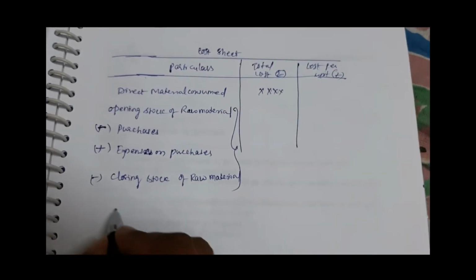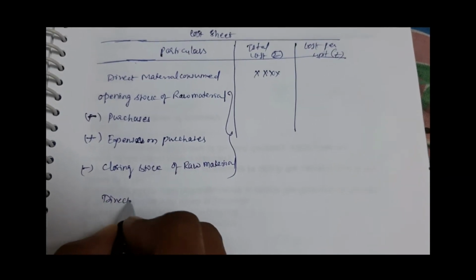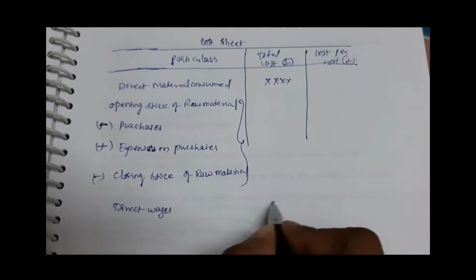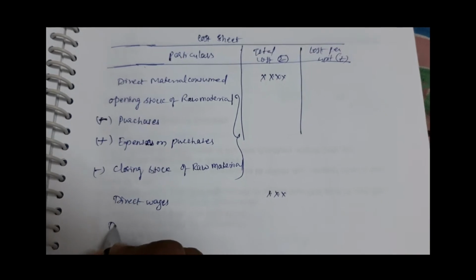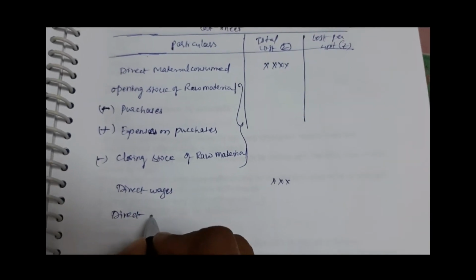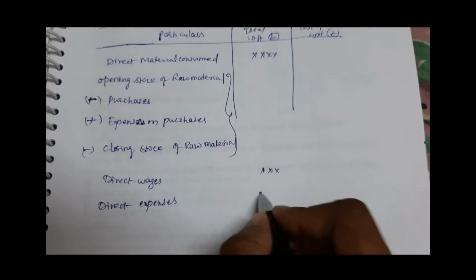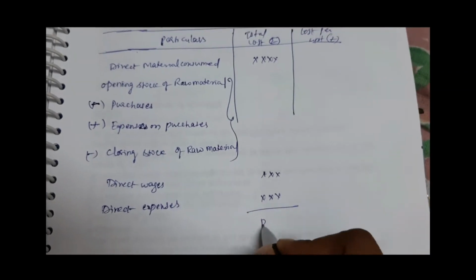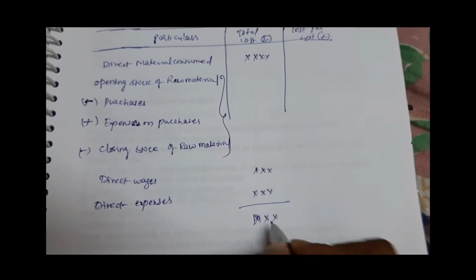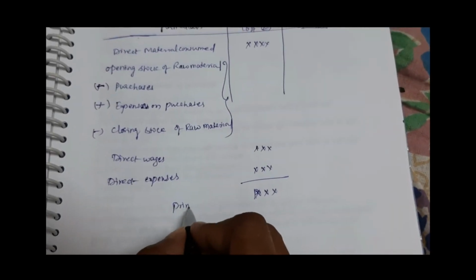And afterwards we should add direct wages, then we should add direct expenses, so that we will get prime cost.